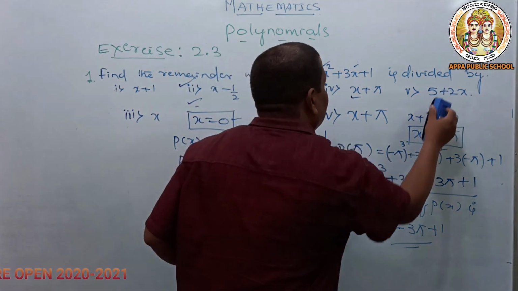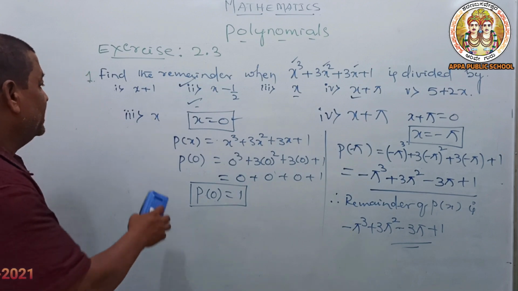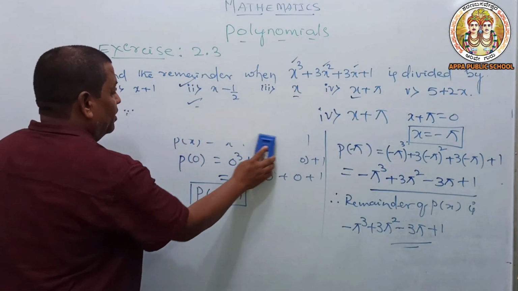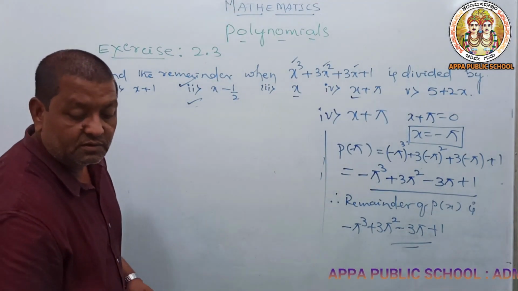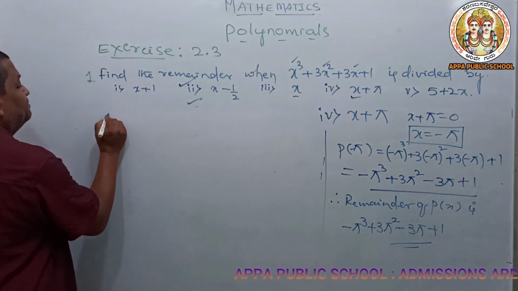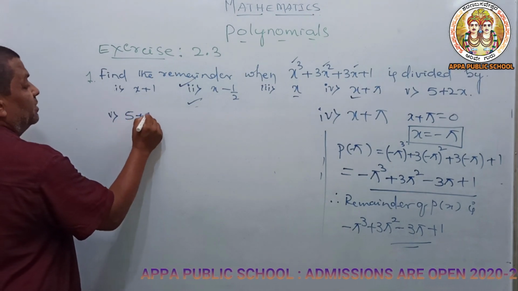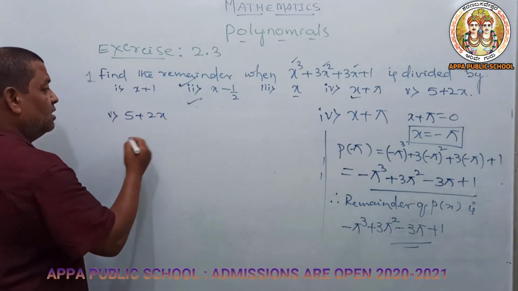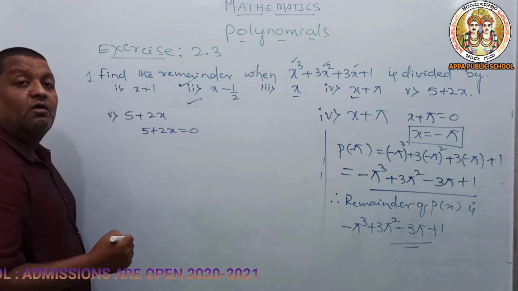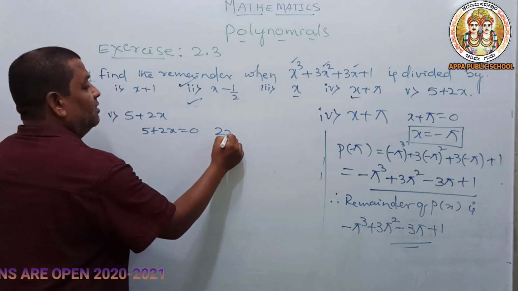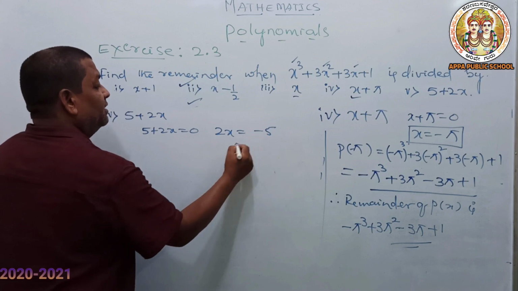So let me finish this last one, 5 plus 2x. So when you are dividing the given polynomial by 5 plus 2x, what is the remainder? Okay, fifth one, 5 plus 2x as usual equal to 0. Find the value of x. 2x is equal to minus 5.